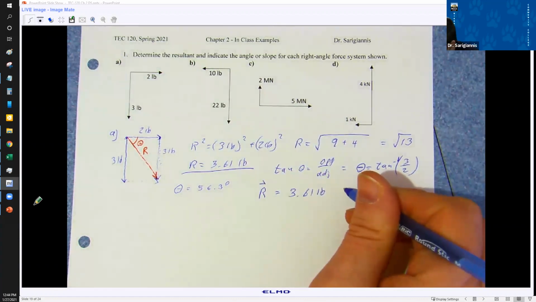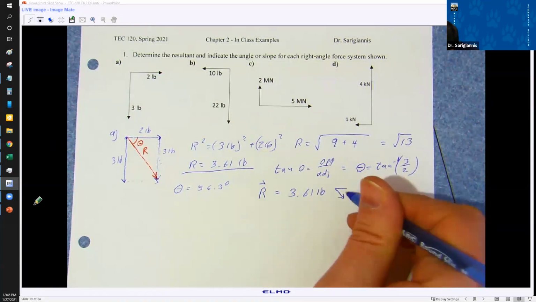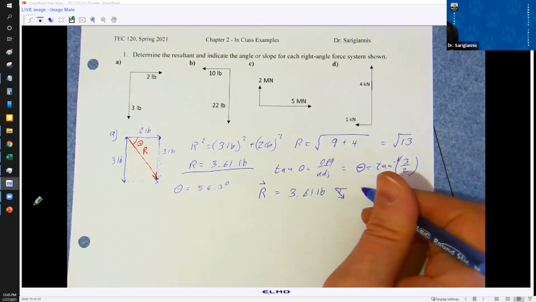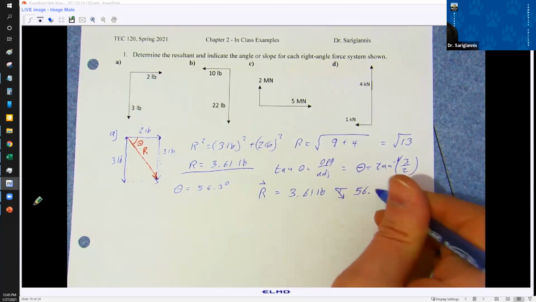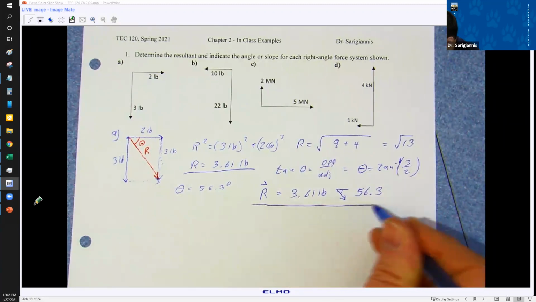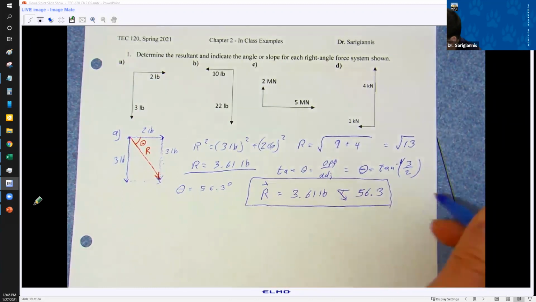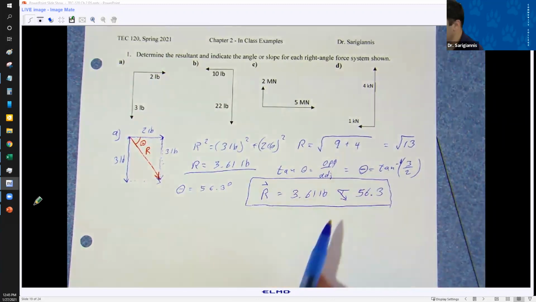And it's acting at, and this is where angle notation is much easier writing than on a computer, 56.3, because I don't know that these symbols all exist. I know one angle symbol exists pointing basically upward.